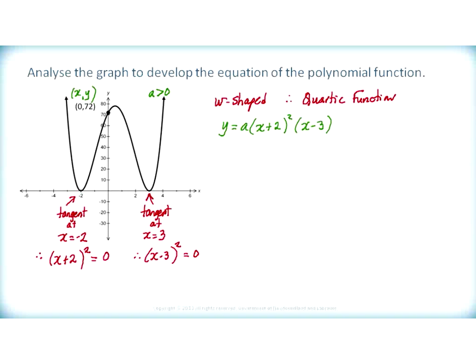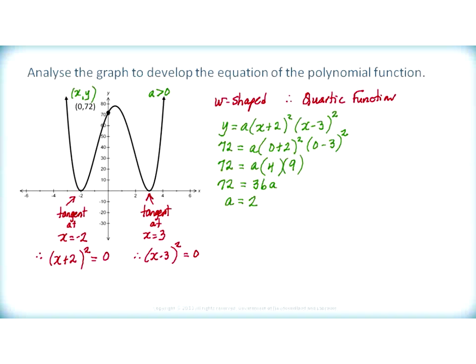So we have 72 is equal to a multiplied by 0 plus 2 squared multiplied by 0 minus 3. 72 is equal to a multiplied by 4 multiplied by, the x minus 3 is supposed to be squared because of the double root at x equals 3. So we have 0 minus 3 all squared, which is 9. So here we have 72 is equal to 36a, and the value of a must equal 2.